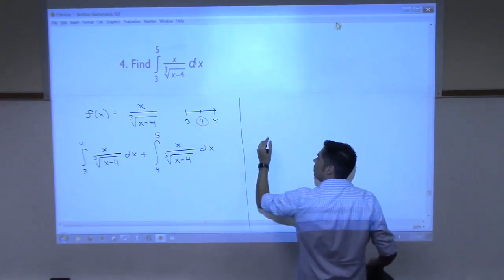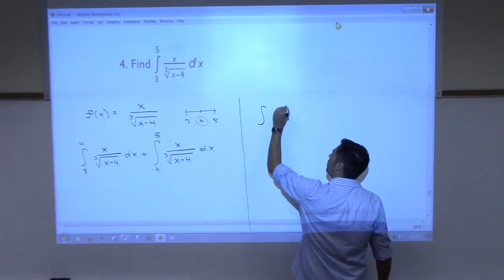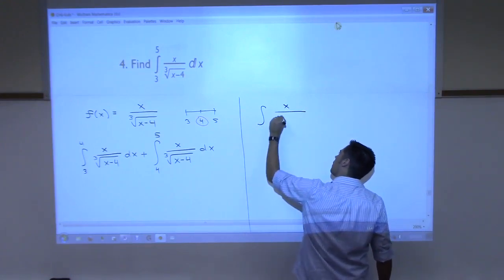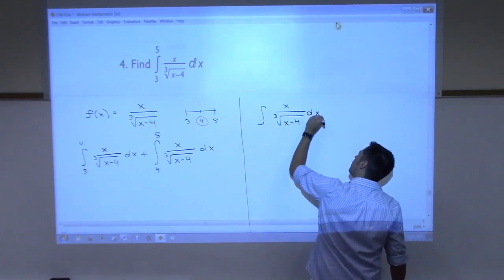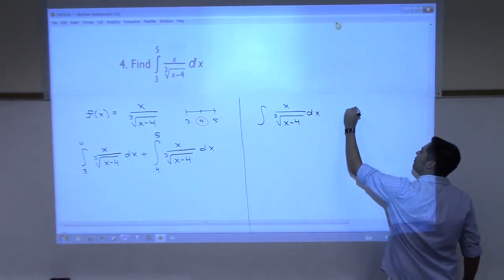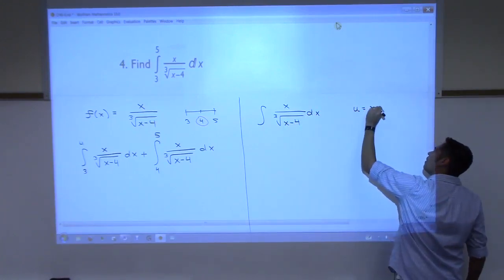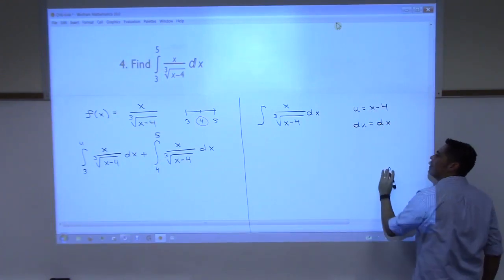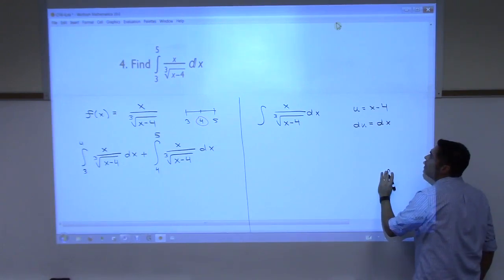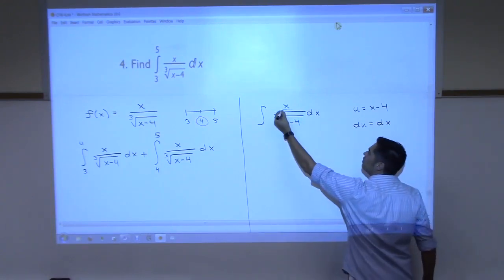Okay. What are you going to do for this integration? U substitution? What's your u going to be? x minus 4. Then du is dx, right? And when you rewrite this, you're going to have to rewrite x.